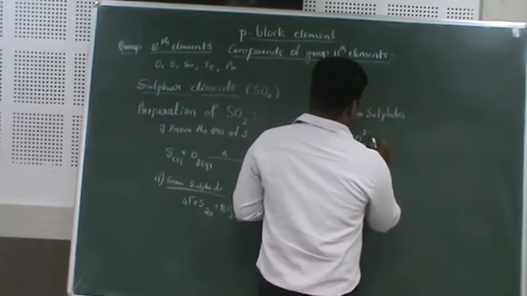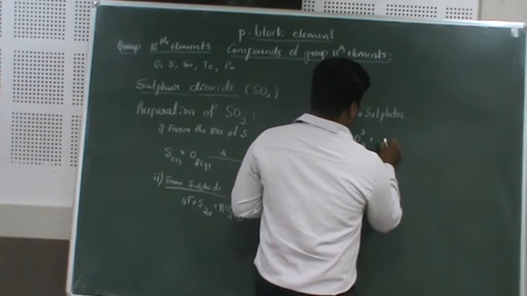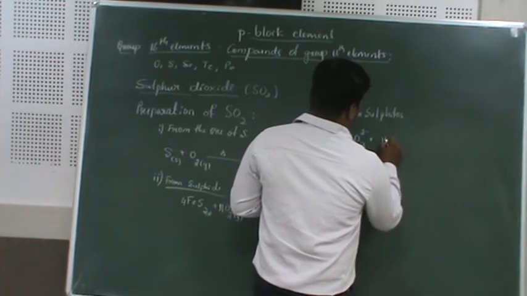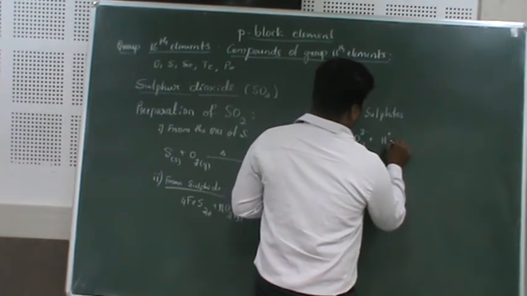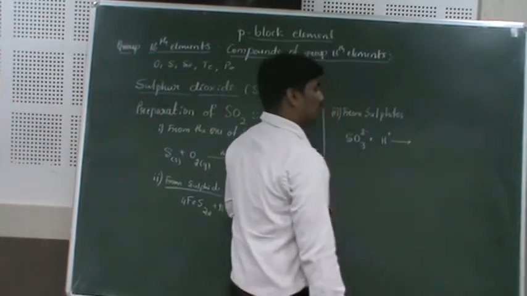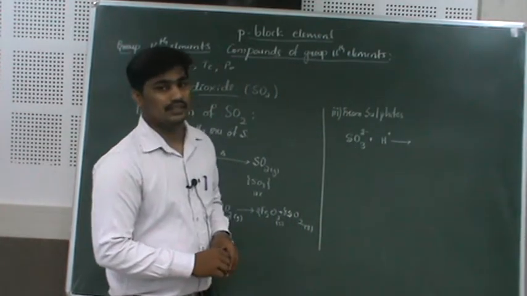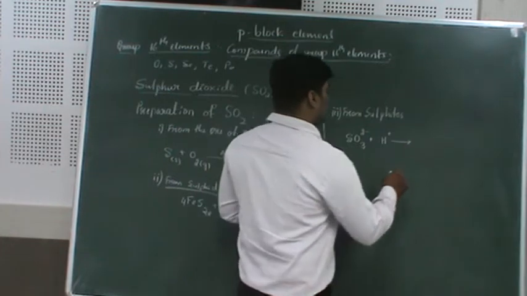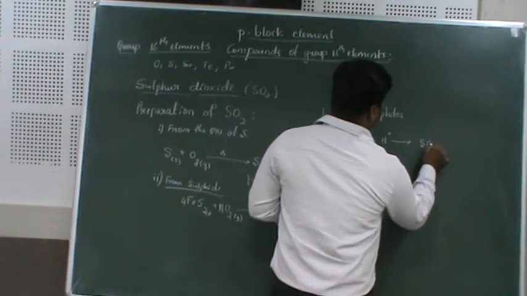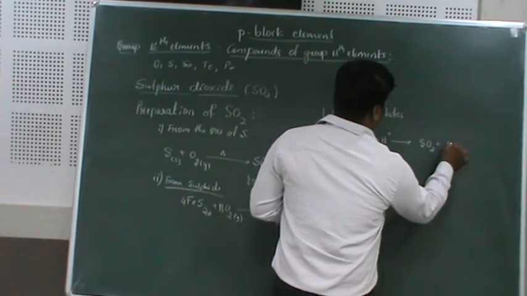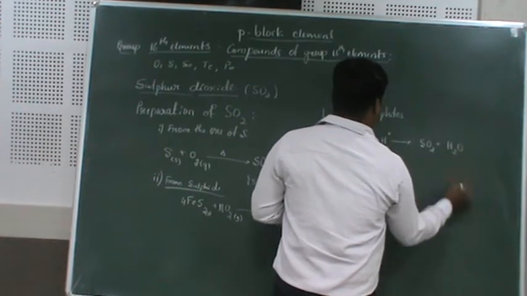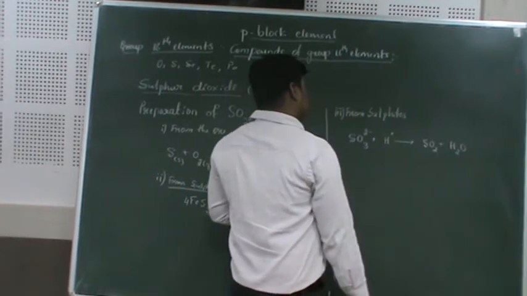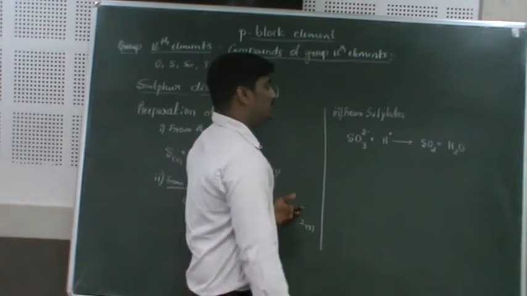Sulphide ore. When sulphide ore is treated with acid, it gives sulfur dioxide and water. So this is another method.